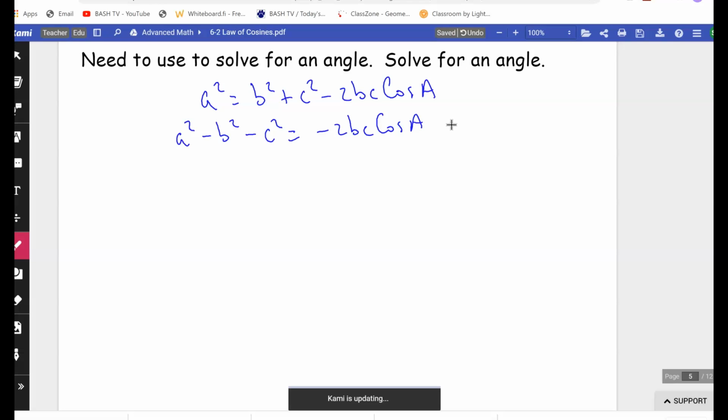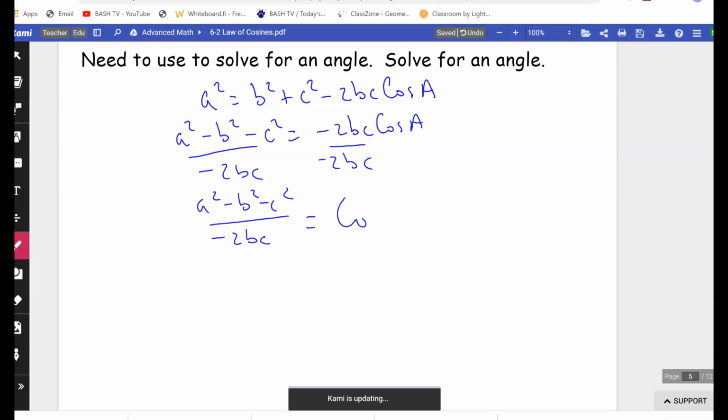And then I would divide by negative 2BC. And so I get this as a formula for cosine A.